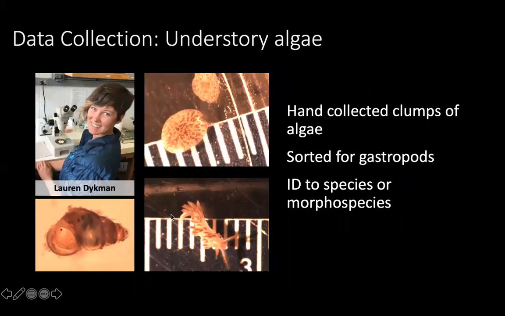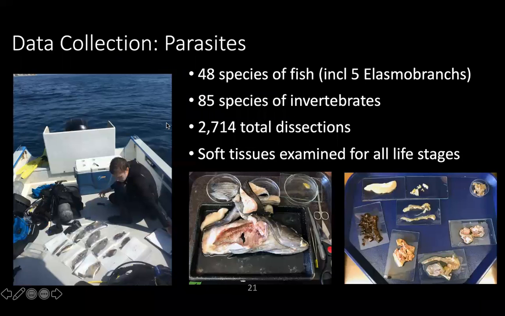And then we also collected samples of understory algae and looked for all those small gastropods, mollusks, nudibranchs, snails, and things like that. And then we collected a lot of organisms and looked for parasites. So we collected 48 species of fish, including 5 elasmobranchs. And you could see how much my hair has grown since I did this work.